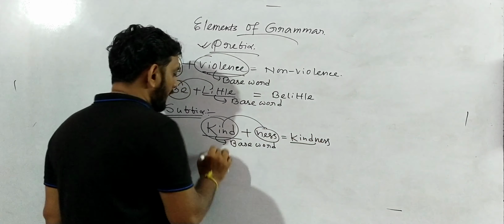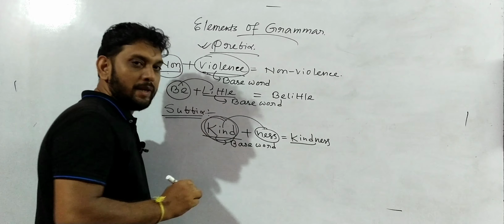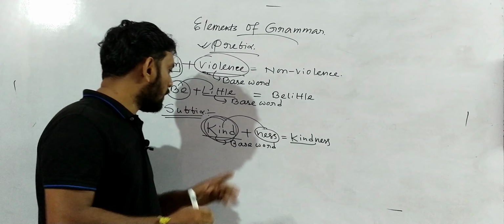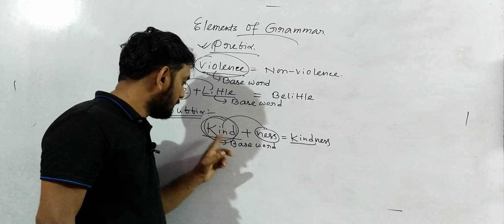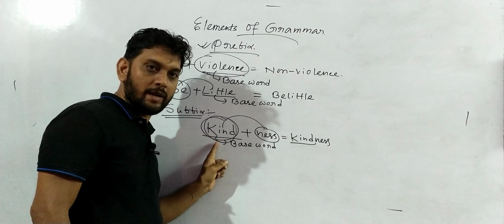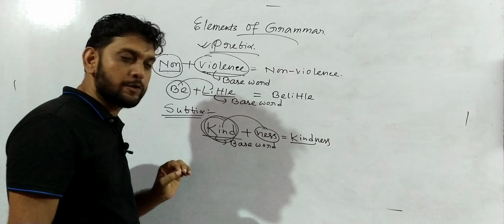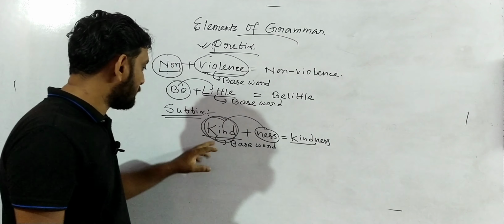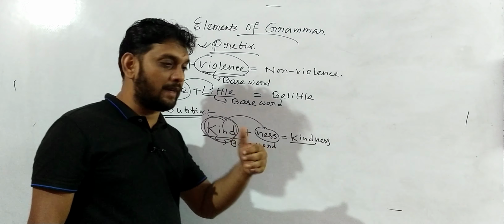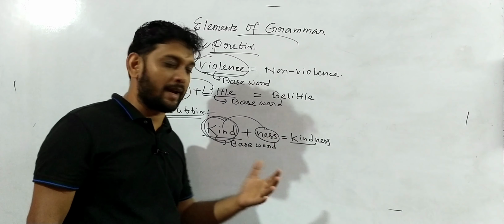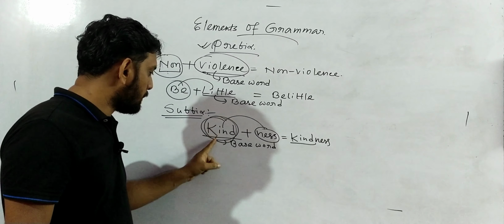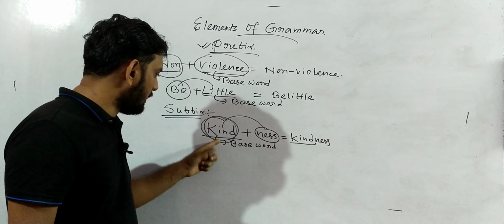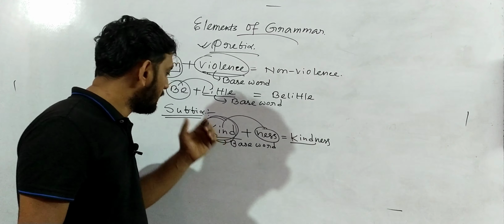Have you seen? And if you ask me, sir, what would be the part of speech of this word kind, I will tell you the part of speech of kind is adjective. He is kind, she is kind, Ram is kind. So what will be the part of speech of this word?